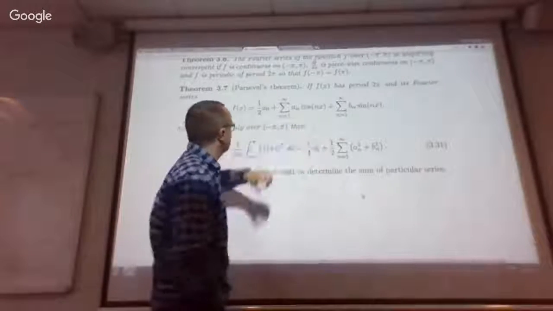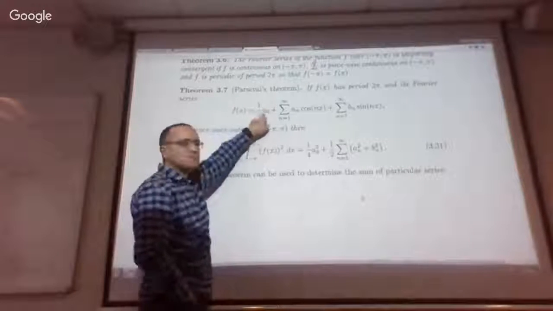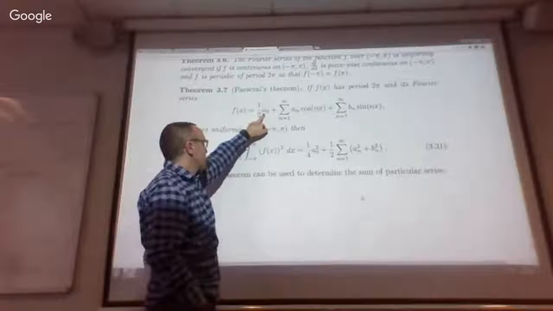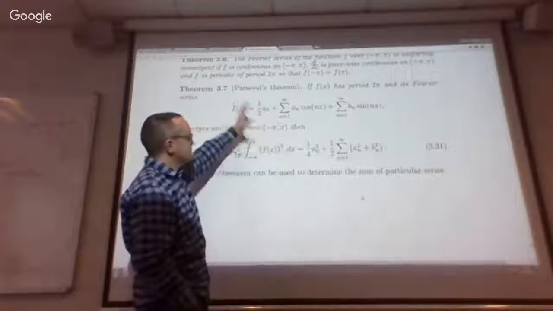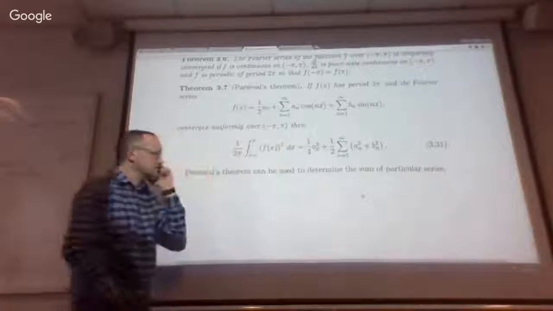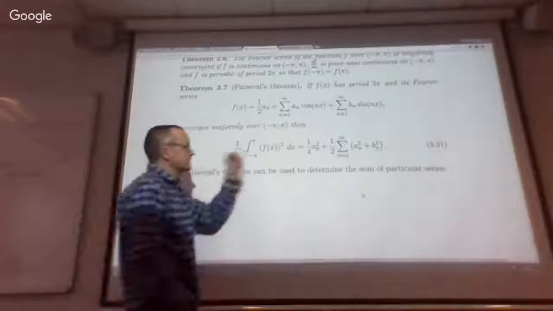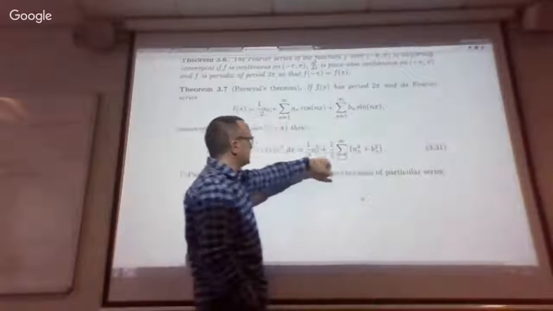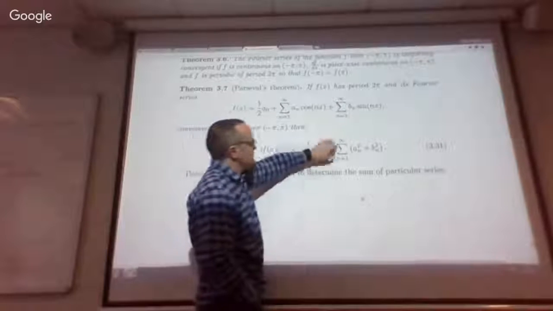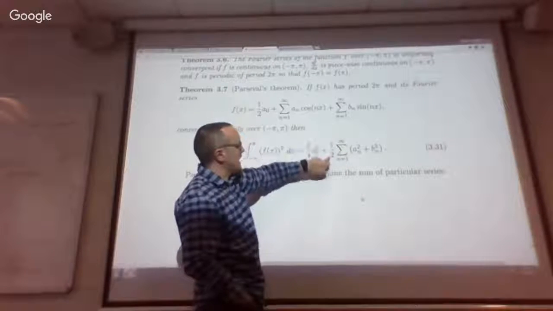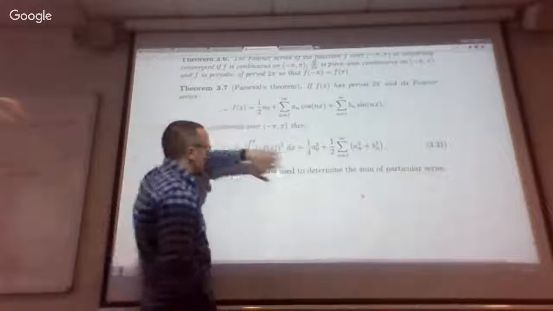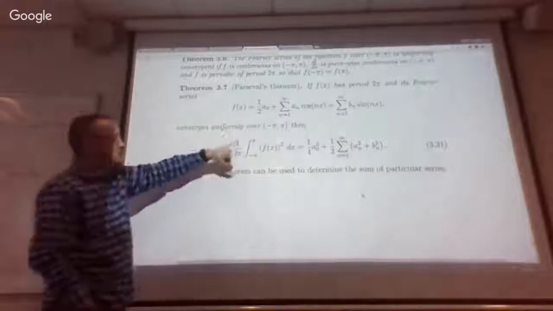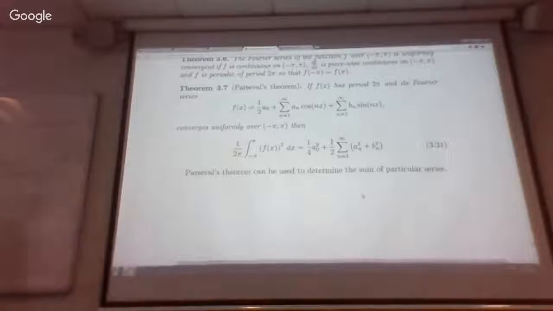Now remember, the constant coefficient in the Fourier series is 1/2 of this parameter a0. So the square of that is going to be 1/4 a0 squared. So there's just this messiness regarding the constant coefficient. And so we're not just taking the sum of the squares, but we're taking 1/2 of it. But it's kind of impossible to straighten out all these different scaling coefficients all over the place.